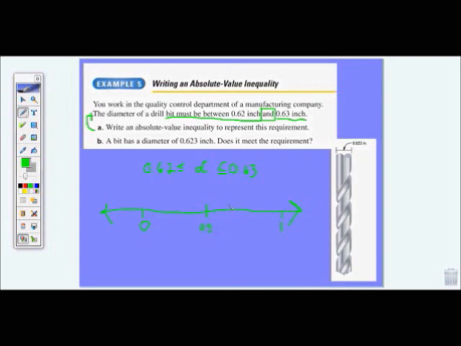I'm going to put my 0.6, 0.7, 0.8, 0.9, and 1.0 would give me a full 1 inch. So here's my 0.6. 0.62 then would be right about here.